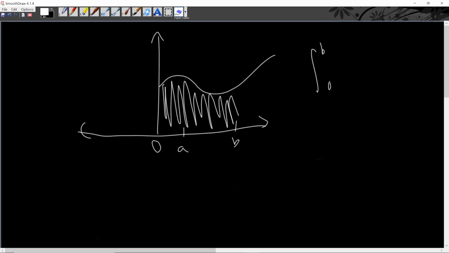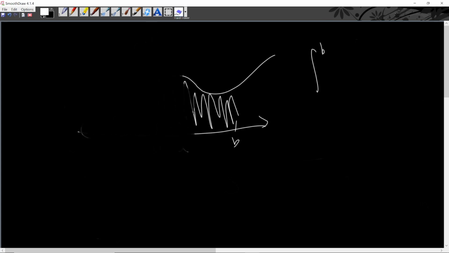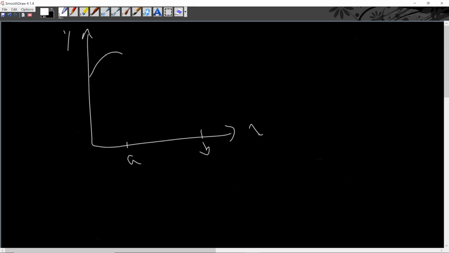Actually, let's not go into unnecessarily complicated stuff. Let's keep it nice and simple. Let's just draw from a to b. On x, y axes, we have a over here and b over here, and f of x is some curve.